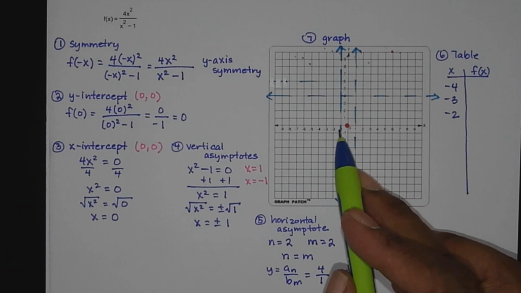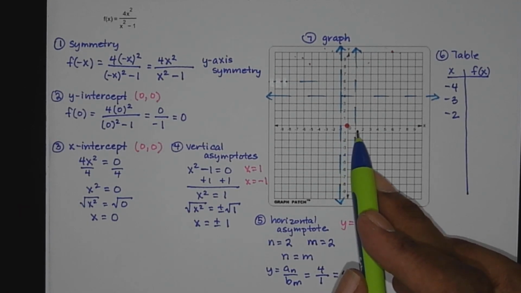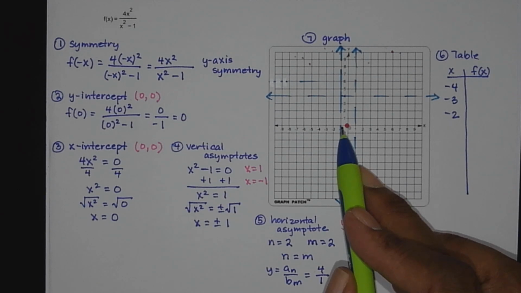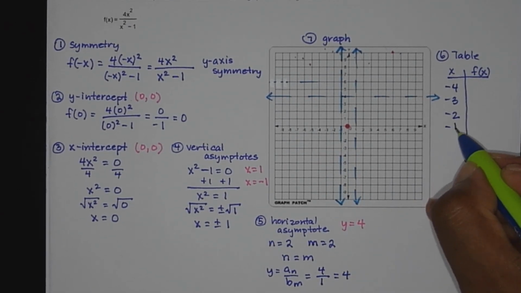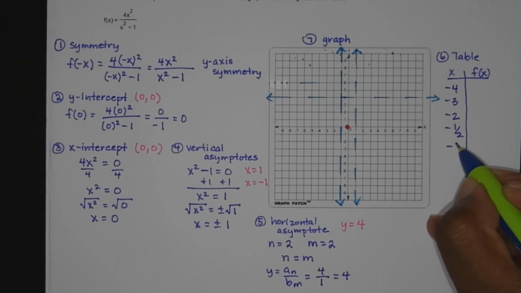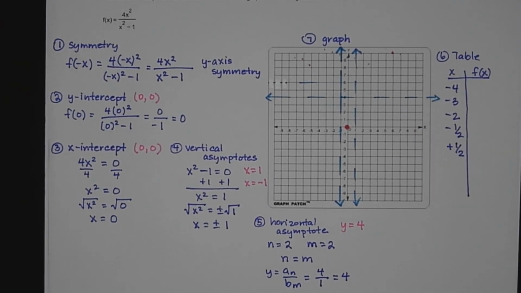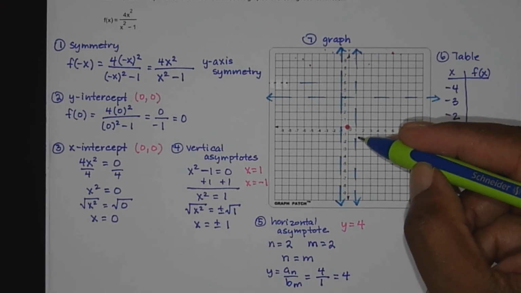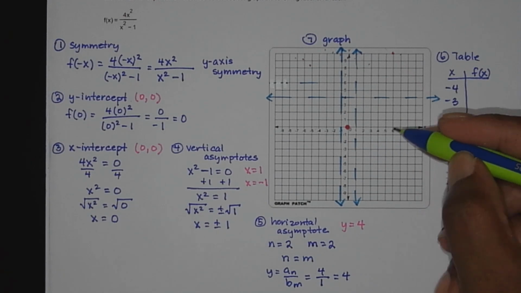Now notice in between here, because you got negative 1 here and positive 1 here, what I'm going to do is use 1/2, negative 1/2, and positive 1/2 for x, because I need to know what the graph is going to look like in between those two vertical asymptotes. Now my other vertical asymptote, of course, is x equals 1. Let's use x equals 2, 3, and 4.